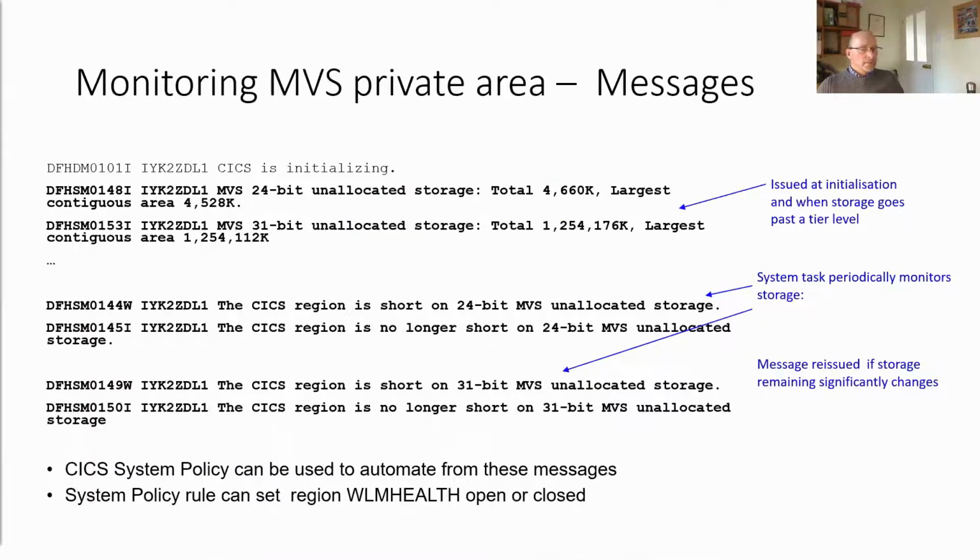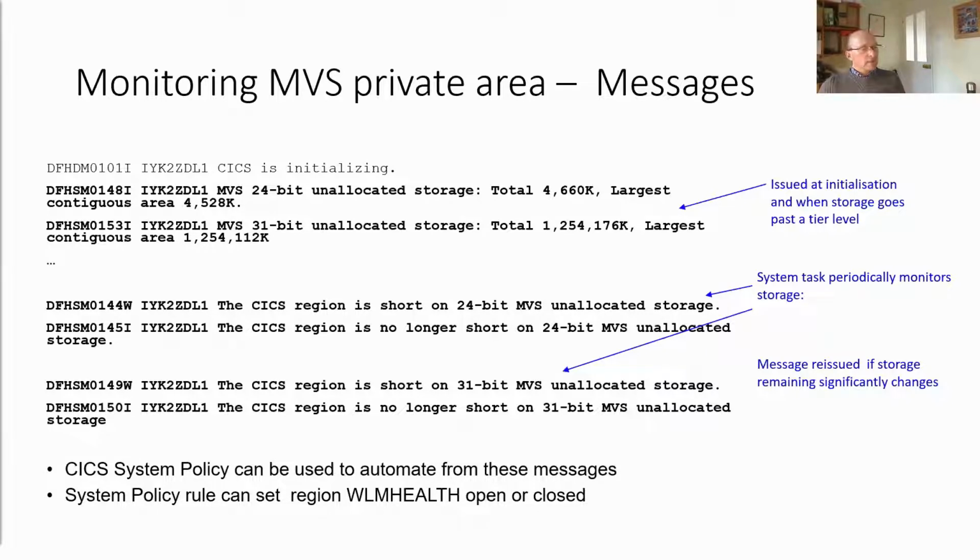The messages are reissued if the storage remaining significantly changes, and you can see we get those SM0149 and 150 telling you if it's short on storage or no longer short on storage.